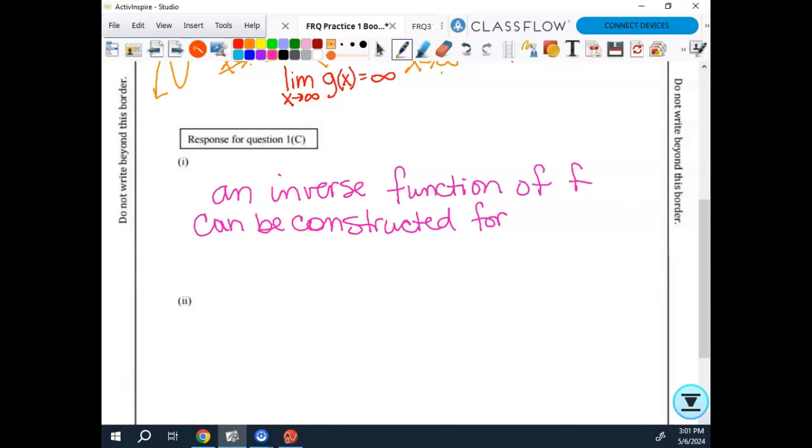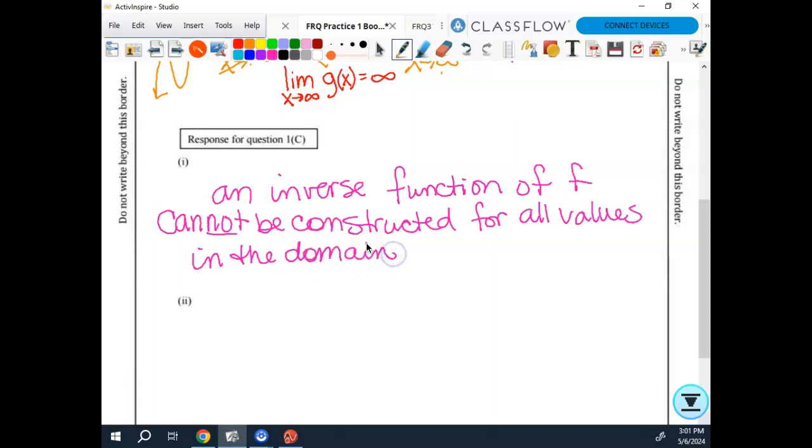Oh, can. I just said can. It is cannot. Sorry, I was worried about writing it. Cannot be constructed for all values in the domain of f. And it is said that way because, let's just talk about inverse functions real quick.